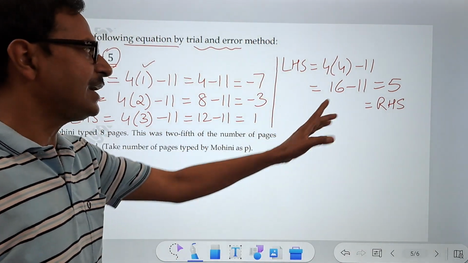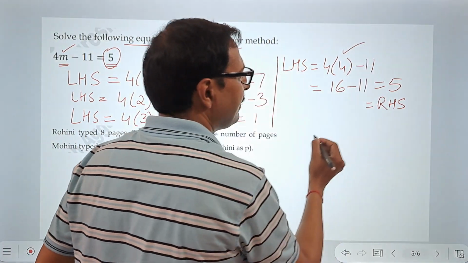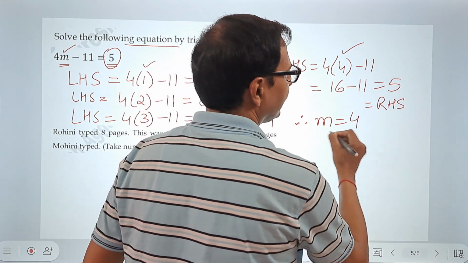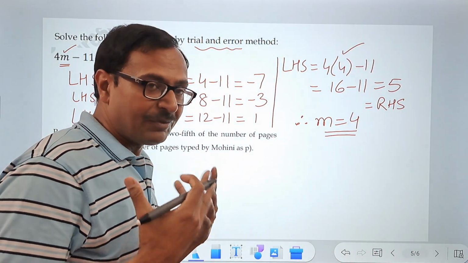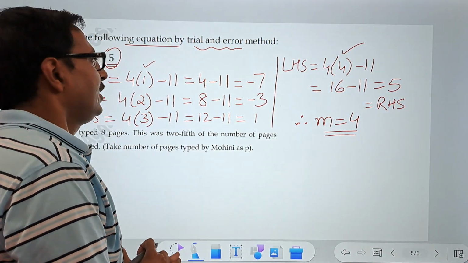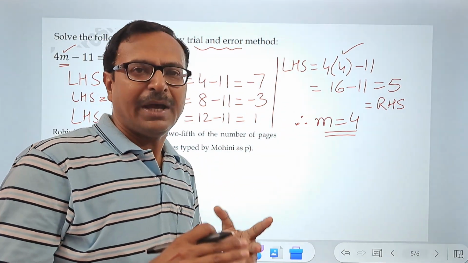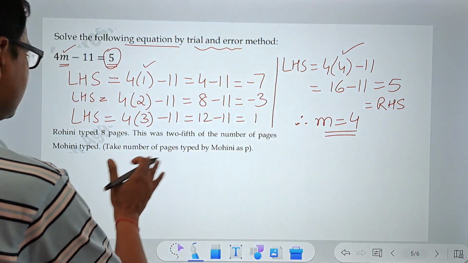Once you get the right hand side, it means we have got our solution. What did we put in place of m? The value of m is 4. This is called trial and error. Sometimes trial and error can be very lengthy, so you need some traditional methods also. But when the value of the variable is like 1, 2, minus 1, minus 2, any of those, you can easily find that out.